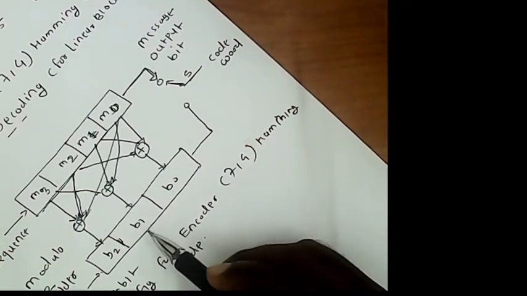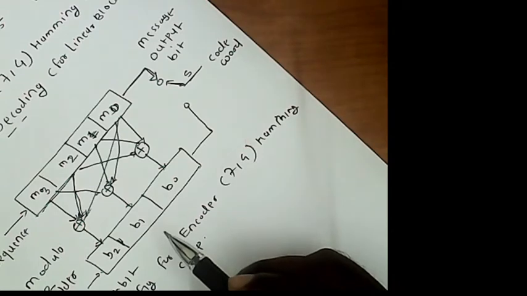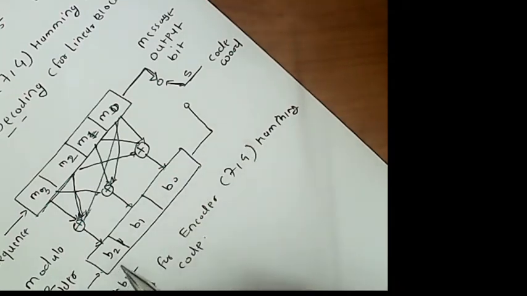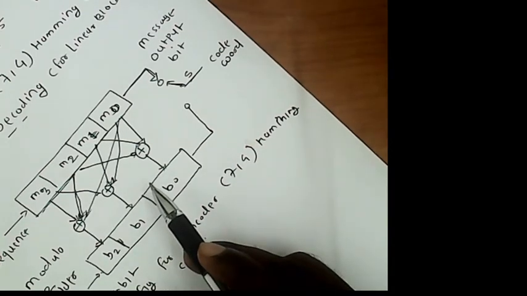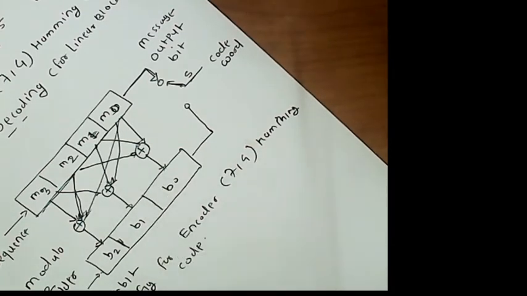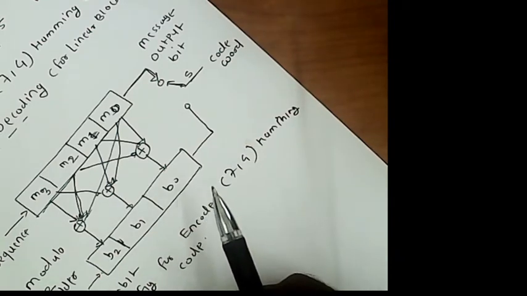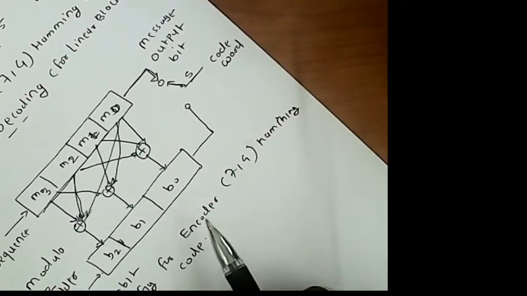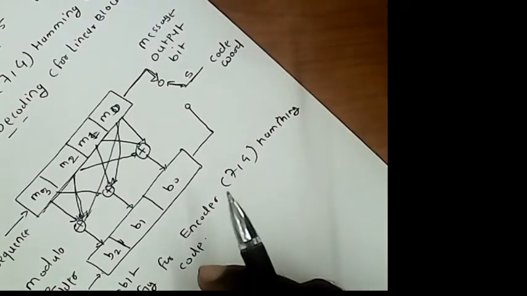The parity bits or check bits B2, B1, B0 are generated from each message word M3, M2, M1, M0 with the help of the equation previously mentioned, C is equal to MG. And the parity bits are obtained from the message bits by means of a modulo 2 adder.